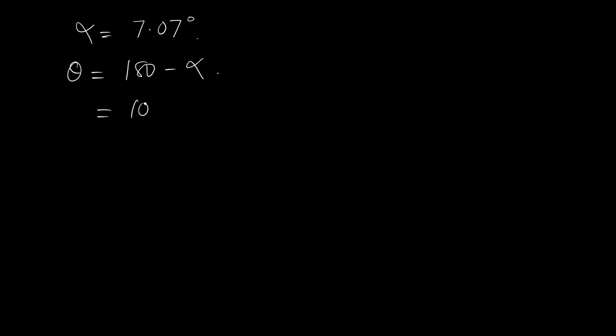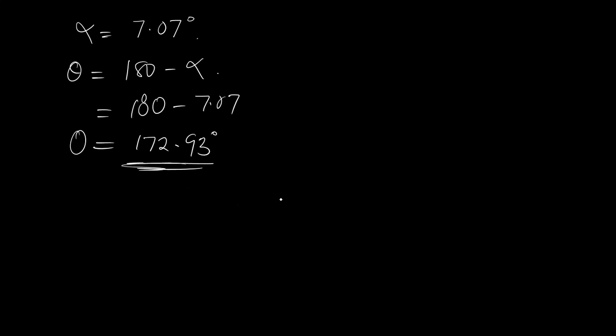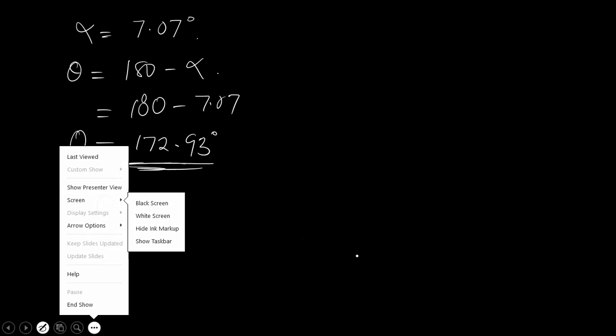So we have 180 minus 7.07, and this will be equal to 172.93 degrees. So this is the final answer. Thank you for watching till the end. Have a nice day.